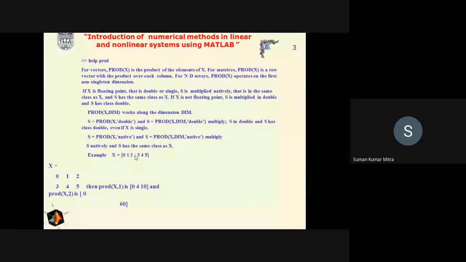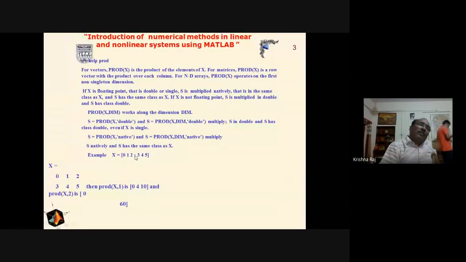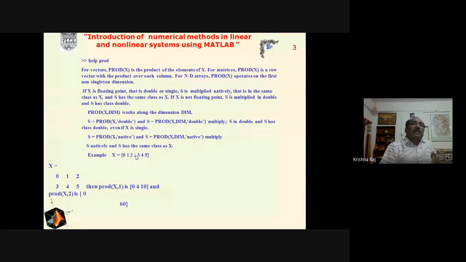And if we want to terminate the row, then that row will be terminated by the semicolon. So it is the 2 cross 3 matrix, and when we enter this command, it will return in this form. That is the 2 cross 3 matrix, 2 rows and 3 columns.